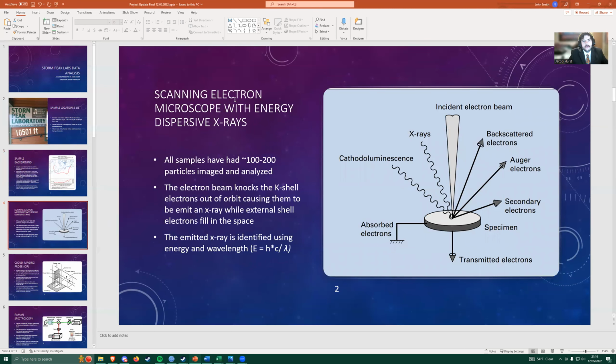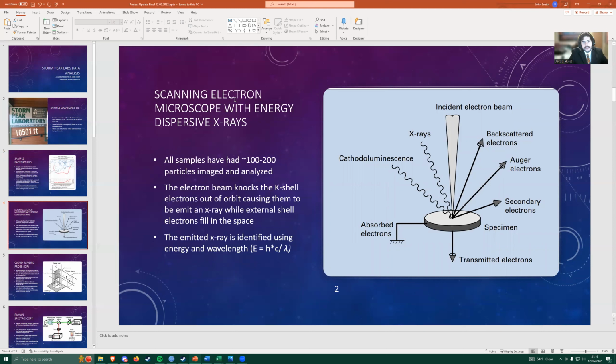One of our other background topics is scanning electron microscopy with energy dispersive X-rays, which is one of the primary tools we use for our data gathering here. All of our samples have about 100 to 200 particles analyzed, with the exclusion, I forgot to add, of some of the TEM grids.